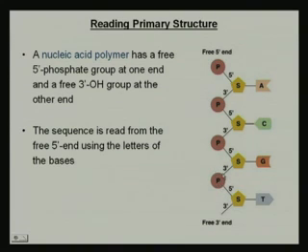This phosphate is once again getting joined to the third carbon of the second nucleotide. Here the nitrogenous base is there, fifth carbon, here phosphate is there, and this phosphate is being attached to the third carbon of the sugar moiety of the third nucleotide.